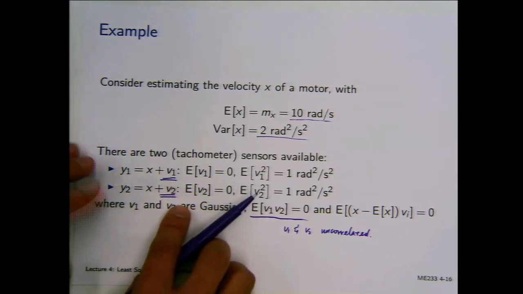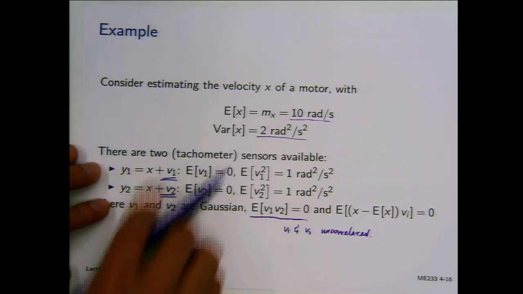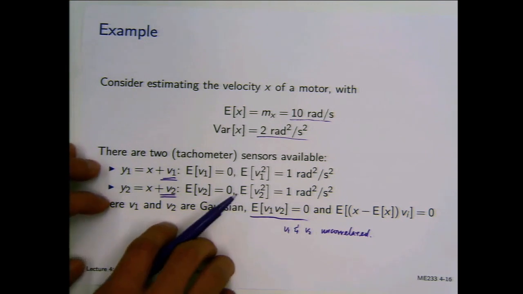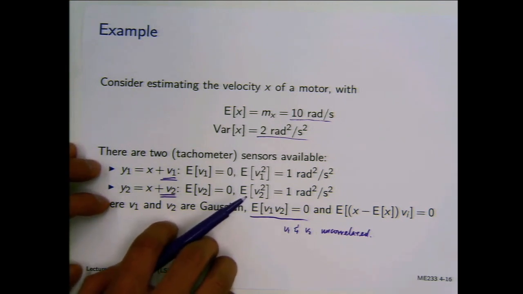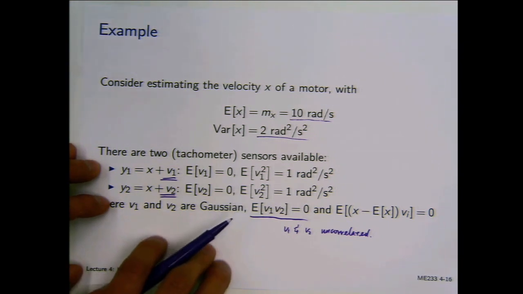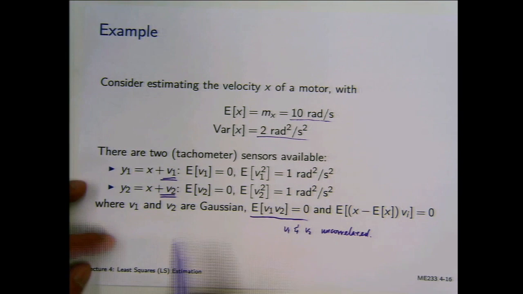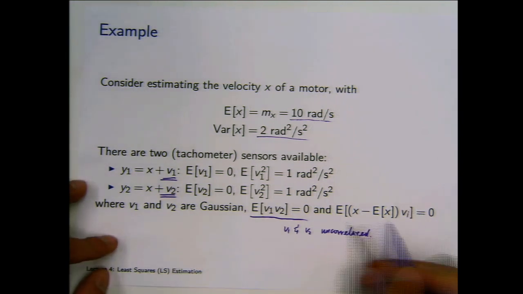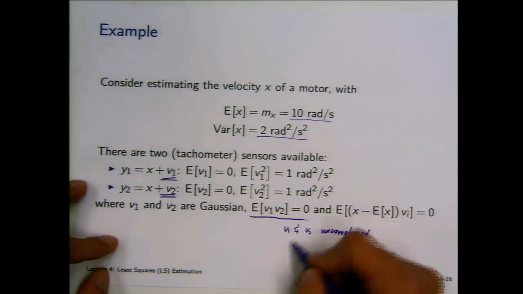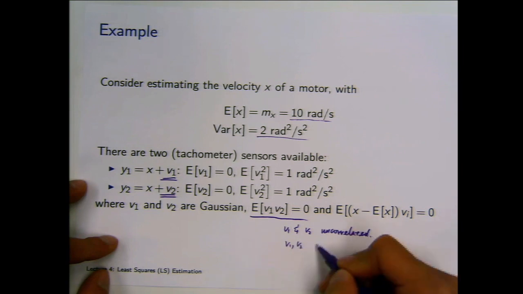Are they related or not? Because both of them contain information of x. What about v1 and x? In this case, no, because v1 is a sensor noise. So they are uncorrelated. v1 and v2 are independent of x.